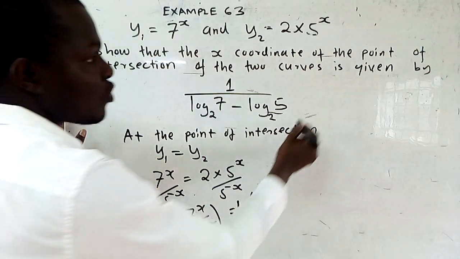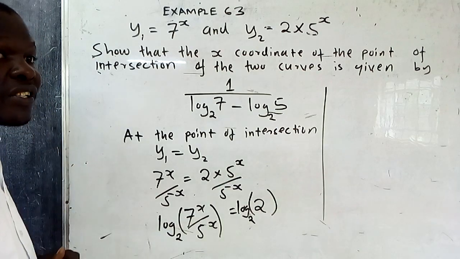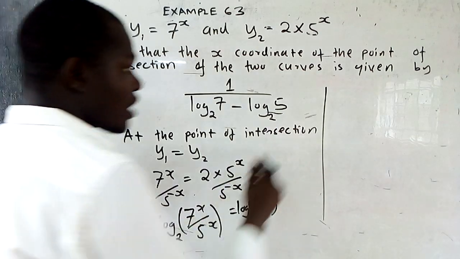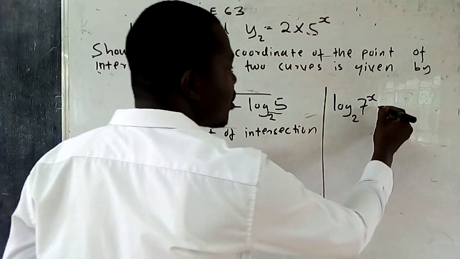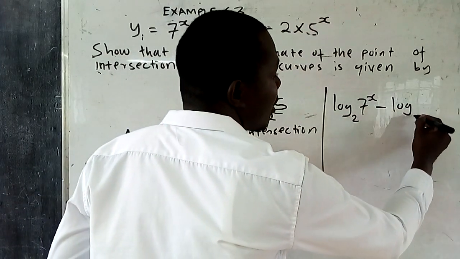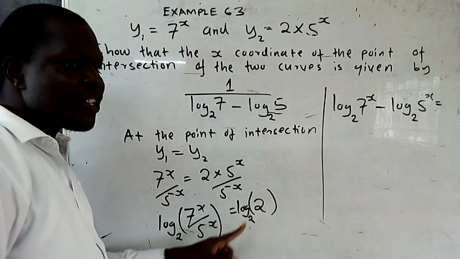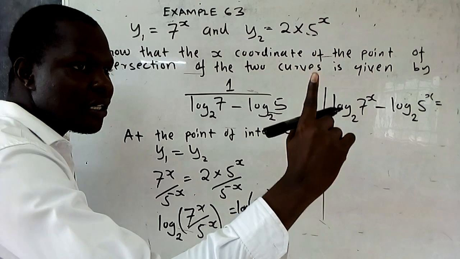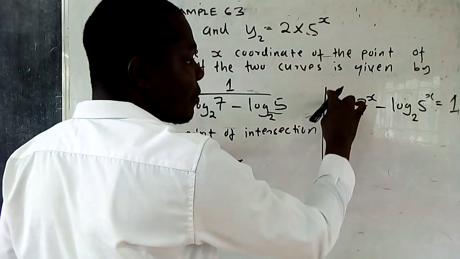So after introducing log to base 2, the log goes inside, and division changes to subtraction. So we are going to have log 7^x to base 2, then division changes to subtraction, then log 5^x to base 2, is equal to log 2 to base 2, and a log of a number to the same base is 1. So from here the power becomes the coefficient.